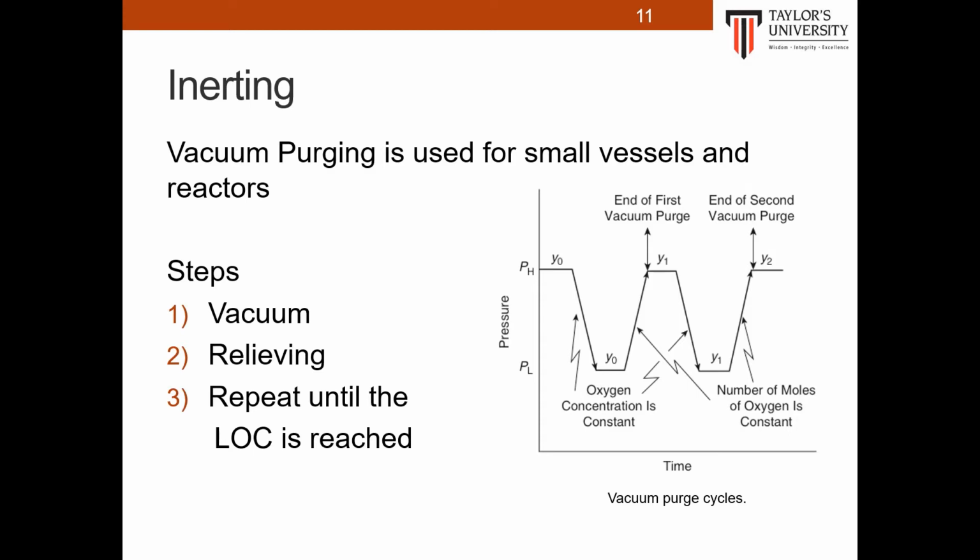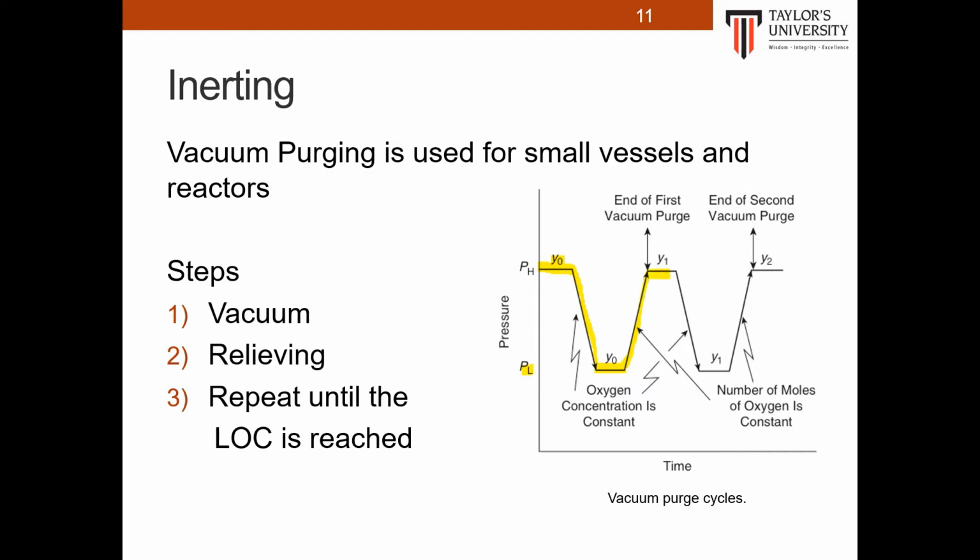The initial oxygen concentration under vacuum starts with the Y0 here. So what happens is that we put in a vacuum system, we vacuum it, and it comes down to a level that the vessel can take. Then over here, we let it sit for a while. Then we start to purge, or include inert gas at this pressure, so that it can go back up to the original pressure.